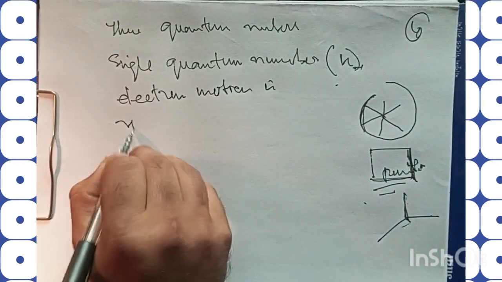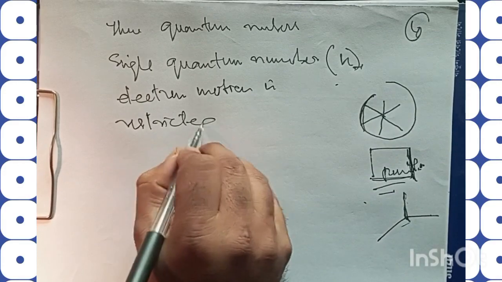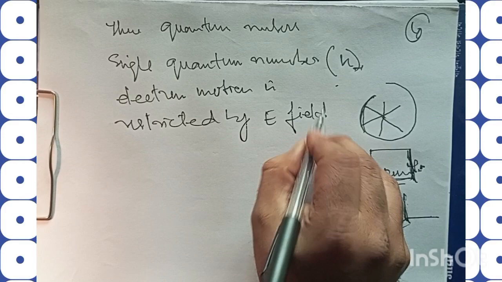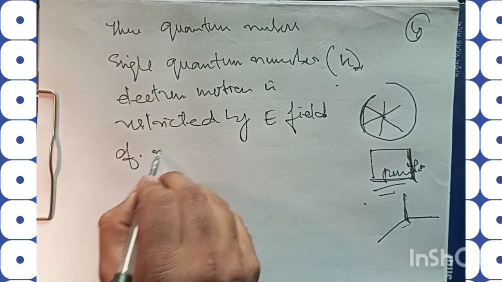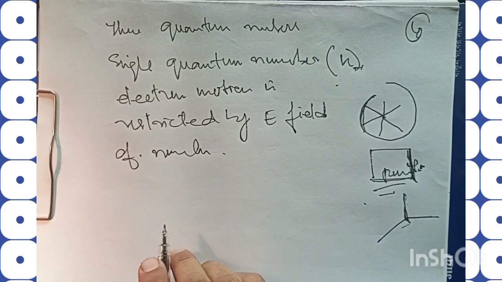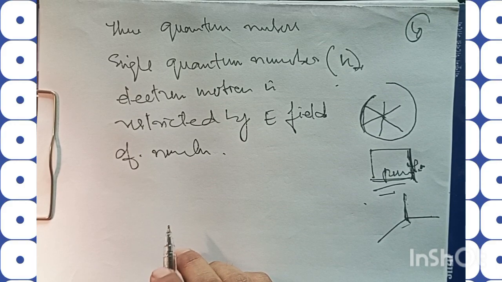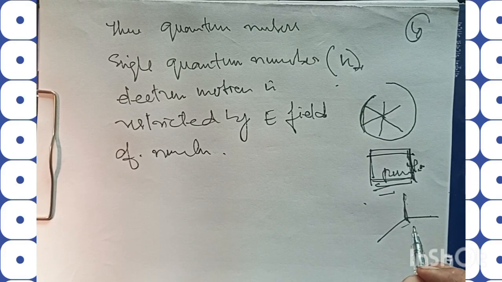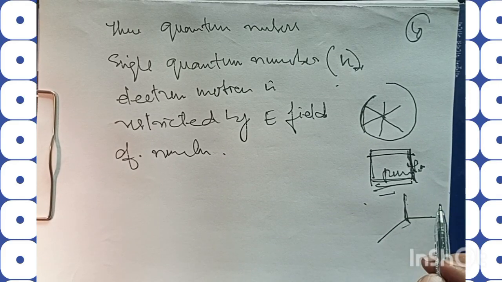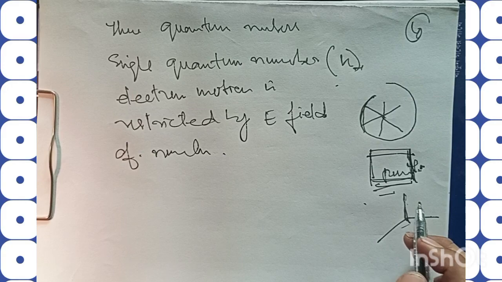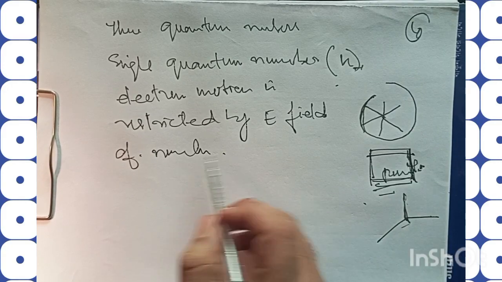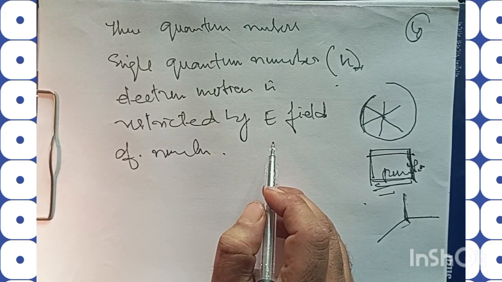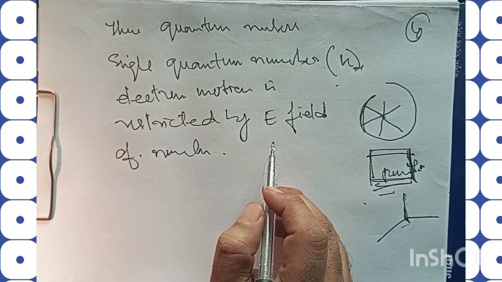Instead of the walls that we have in the case of the particle in a one-dimensional or two-dimensional box, what we have here is the potential due to the electric field.